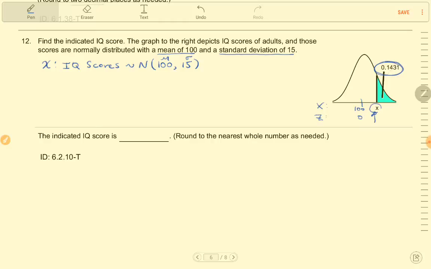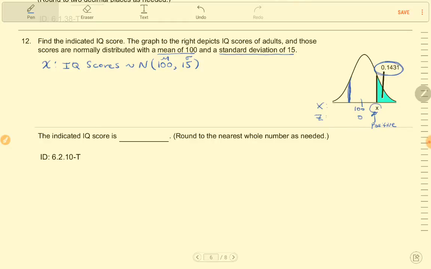Once I look up this area in the negative z-score table, it's going to give me the negative version over here because of the symmetry of those two tails. And then I will just change the sign of it and I will have a positive z-score. So I know that the z-score that corresponds to the x value I'm looking for is going to be positive.